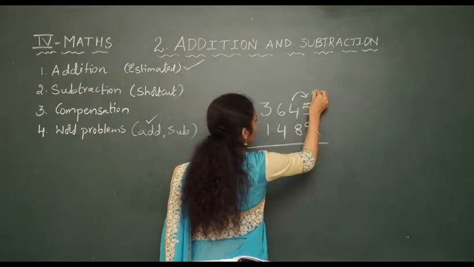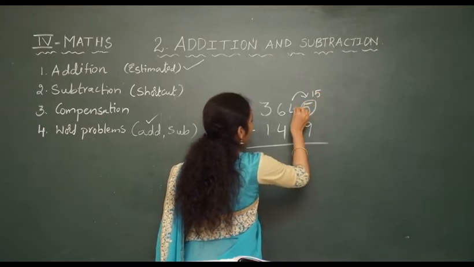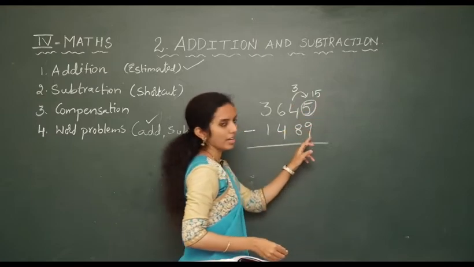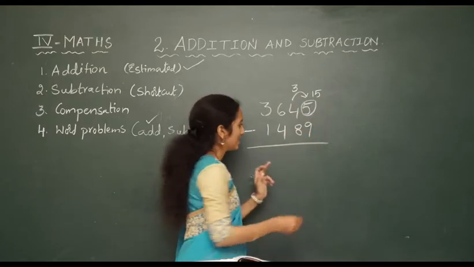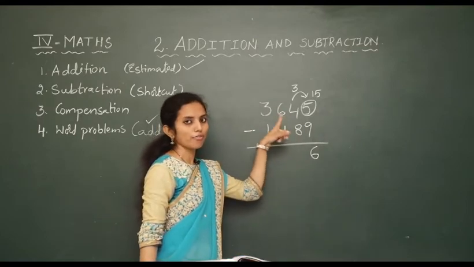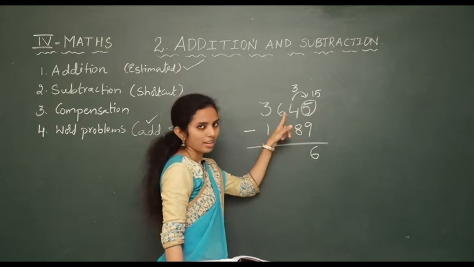So now this has become 15 and here 4 has become 3. So 15 minus 9 is 6, and now here we don't have 4 anymore because 10 is taken out. So only 3 is here.